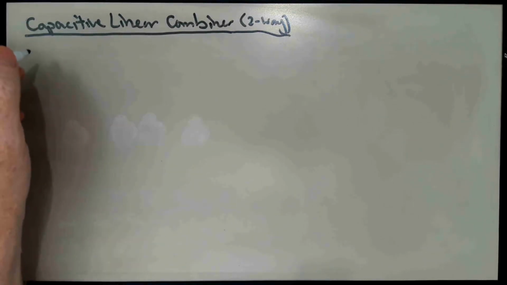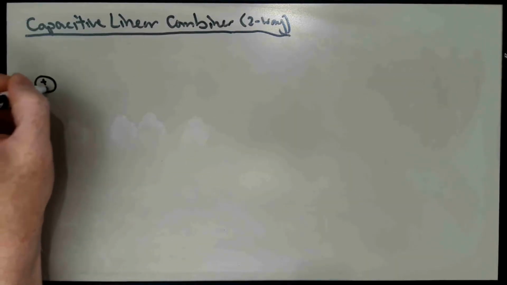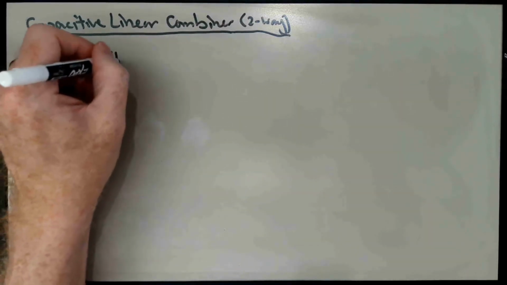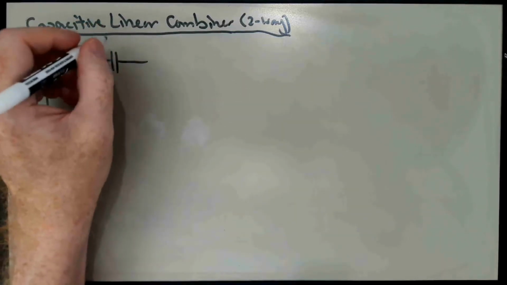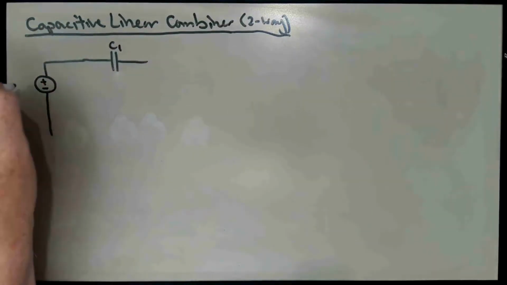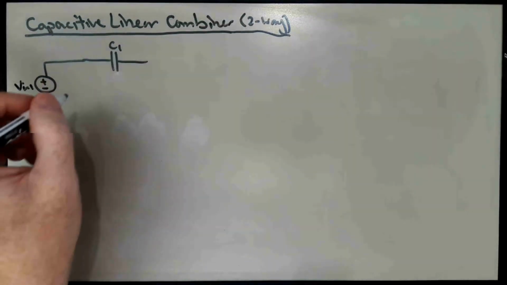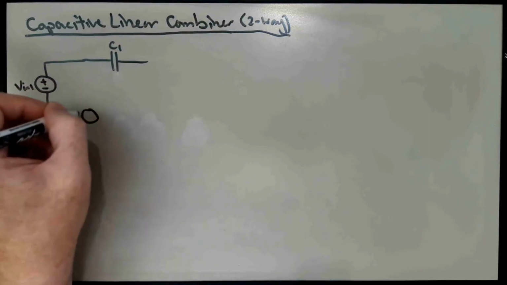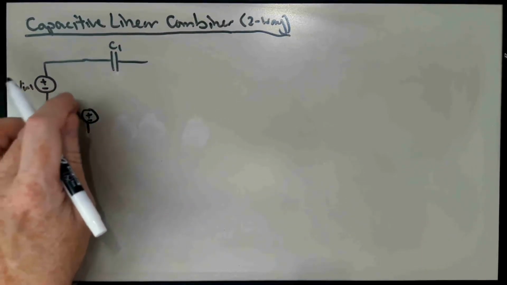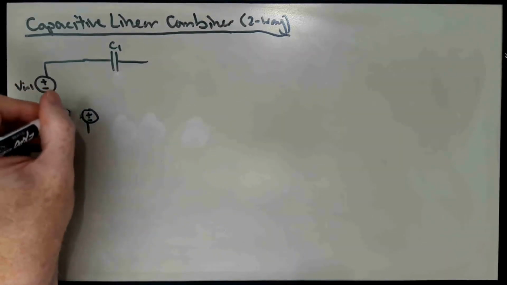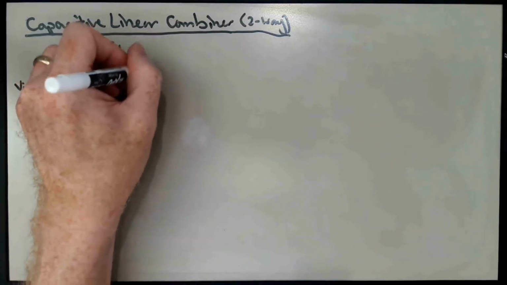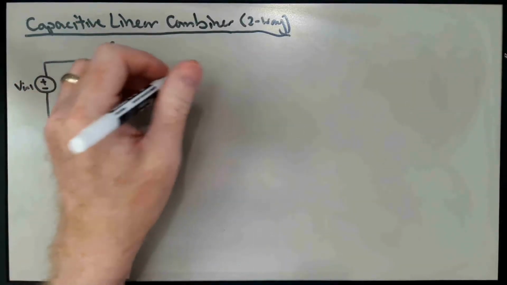But here we have, let's say, two voltage sources that are inputs. Here we have, say, C1, Vin1, and we have here Vin2, connected through C2 to a common output node.